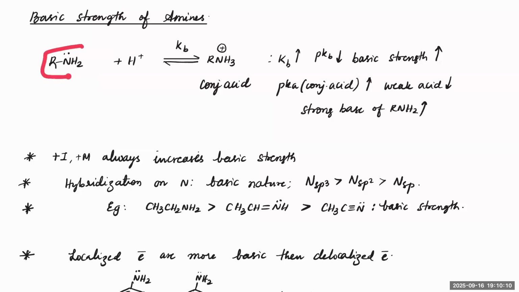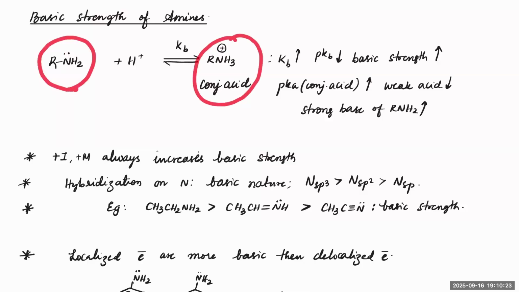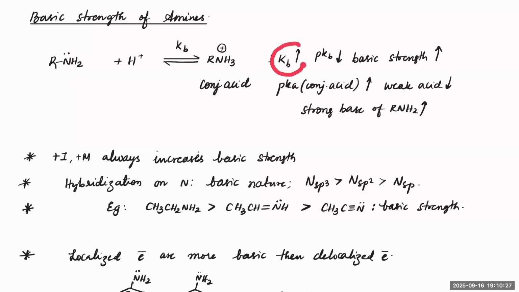The strength of this amine is directly correlated with the stability of the conjugate acid. If the conjugate acid is more stable, we can say this is a stronger base. So if a base is stronger, that means the Kb value is more, the pKb value is less, and the basic strength is more.